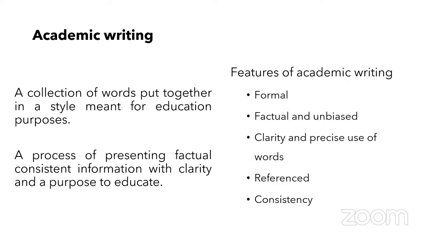So when you write, and when we say this is going to pass for academic writing, then it should be factual and unbiased. Then when you write as well, you need to write with clarity and precise use of words. Different levels of writing require different volumes of word usage. And so when you mean to say yes, you must be clear.